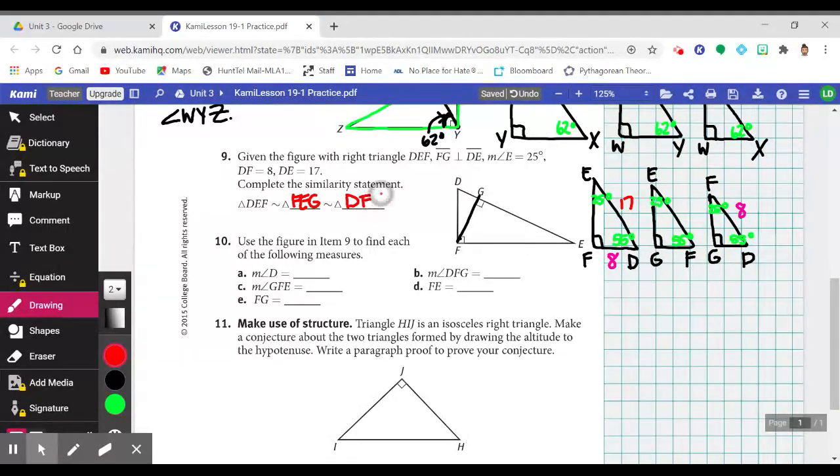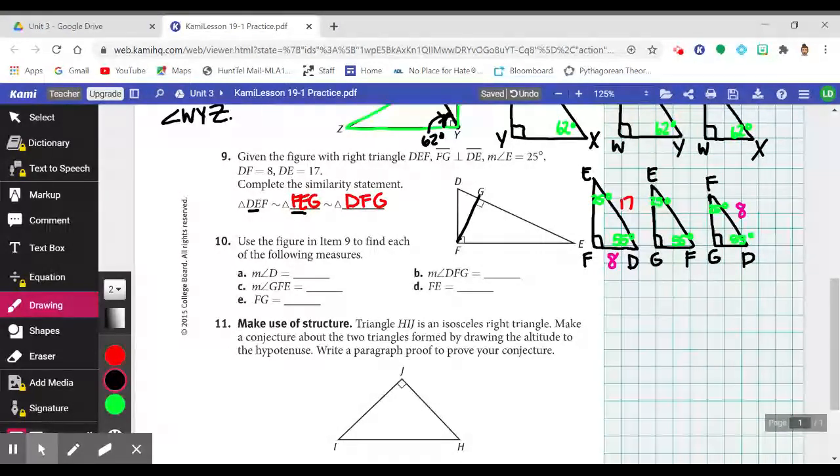Now, one of the reasons we really like writing similarity statements is the order tells us which parts are corresponding, such that DE in the larger triangle corresponds to FE in the medium triangle. And that's where it gets a little bit tricky, because if you notice, the large triangle also has FE. It's because these segments are acting as 2 different types of segments.